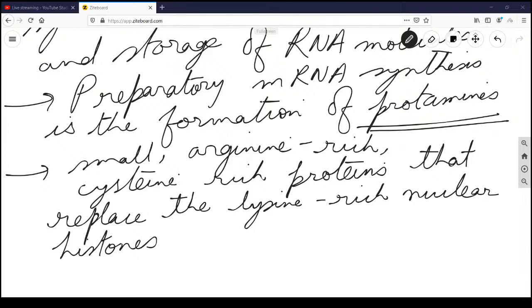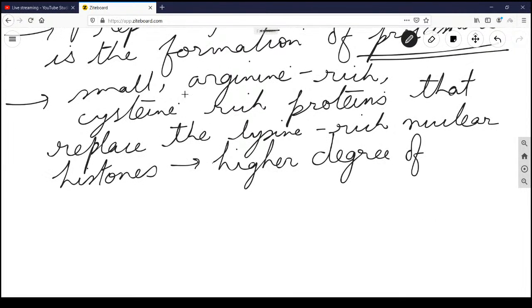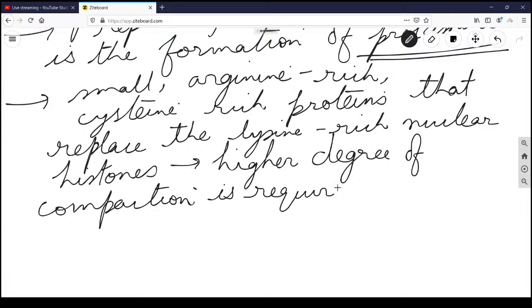Why? Because it allows a higher degree of compaction of nuclear chromatin required during the final stages of sperm formation. Understand it very carefully: a higher degree of compaction is required at the final stages of sperm formation.